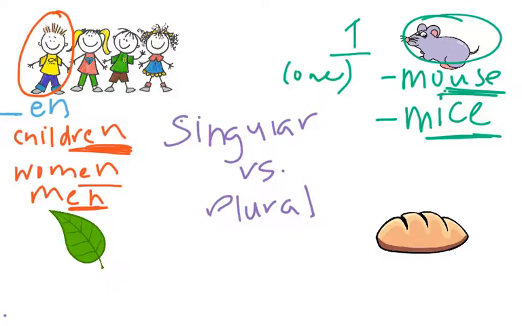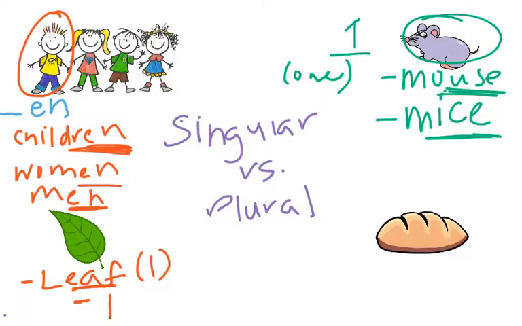Now let's move on to two more examples. Here we have an example of a leaf. This is one unit. If you want to refer to multiple, this has a very weird irregular plural pattern.